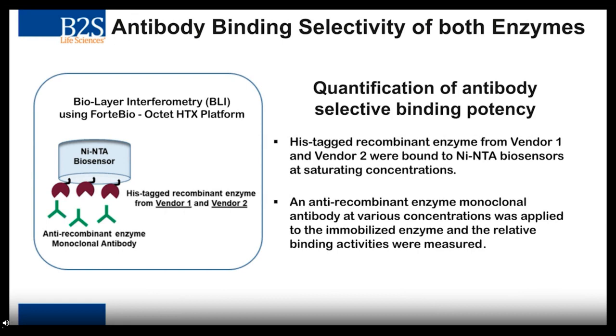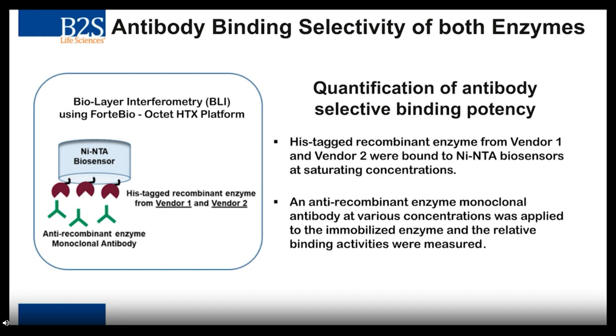And the final point that we wanted to look at in this case study was the antibody binding selectivity. So for this one, we used the ForteBio BLI instrument. Essentially, this instrument measures the changes in interference patterns on a surface as a function of ligand binding.